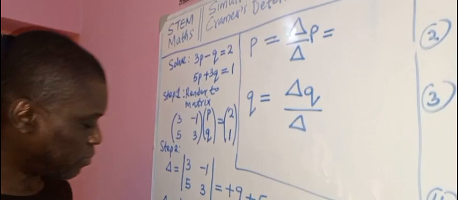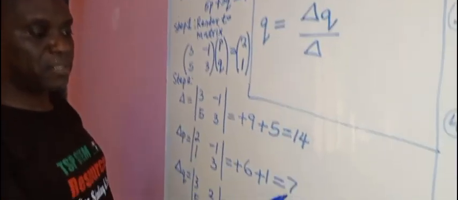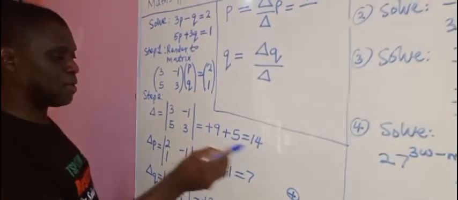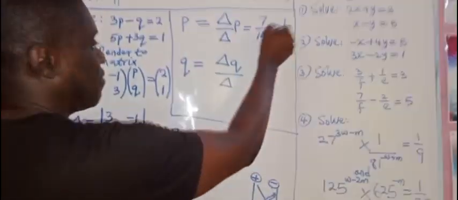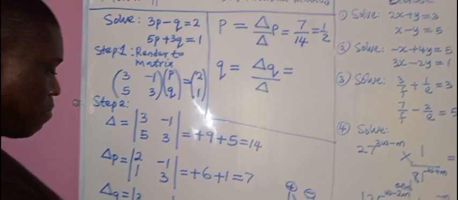So let's see. What is delta P? 7. Can you see that? That will be 7 over. What is delta? 14. This can be reduced to its lowest term. That's 1 over 2. 7 here 1, 7 here 2. Then let's come to this place. We have delta Q minus 7.